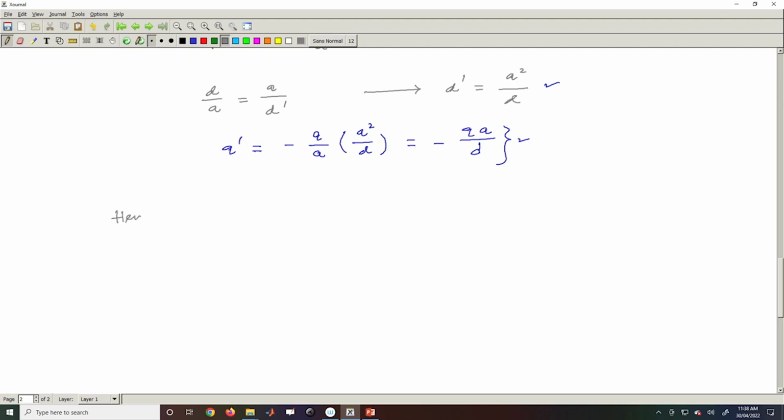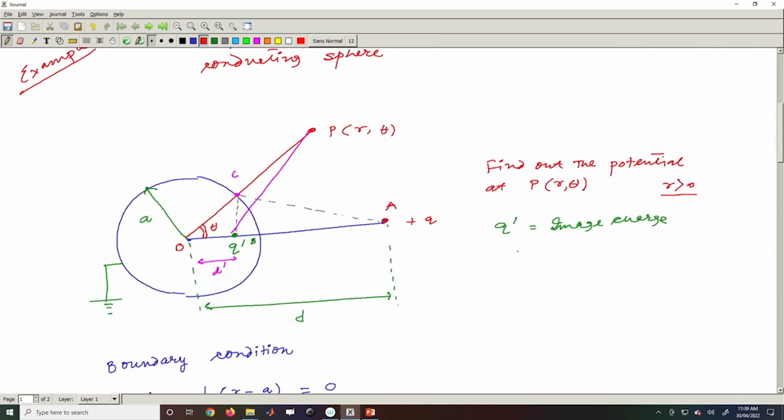Hence, the potential at the point P, as a function of r and theta, phi of r theta, is equal to 1 by 4 pi epsilon naught, and then it should be q divided by this distance, mind it, from here to here.